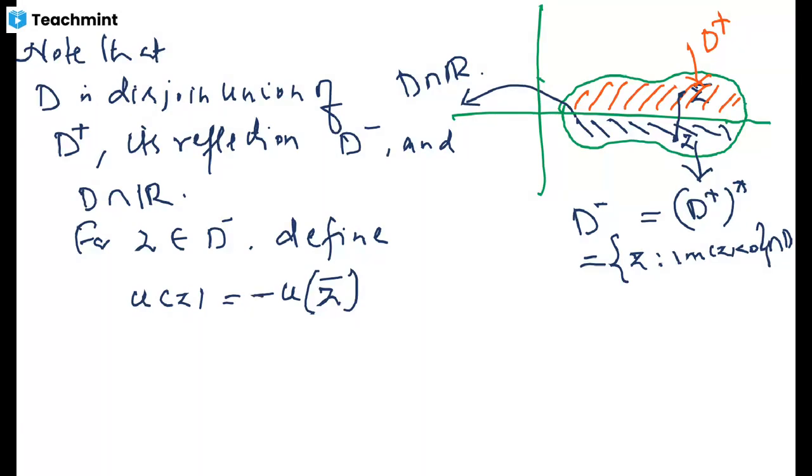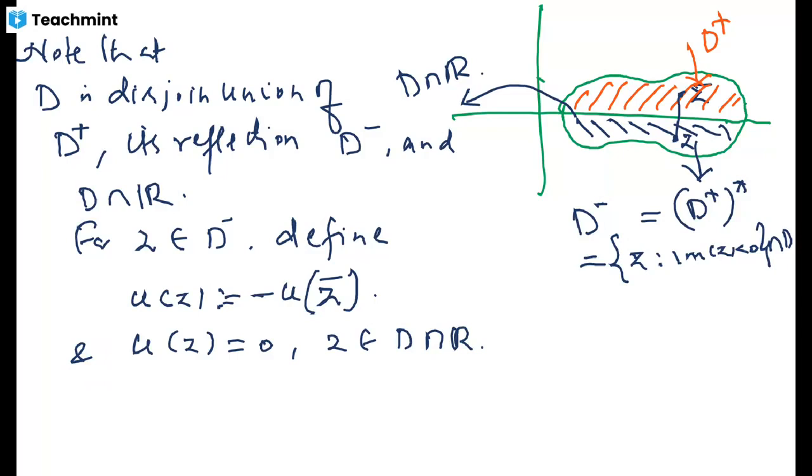So we are defining u on this other part of the domain in this way, and I am defining u of z to be 0 whenever z is in this segment D intersection R.